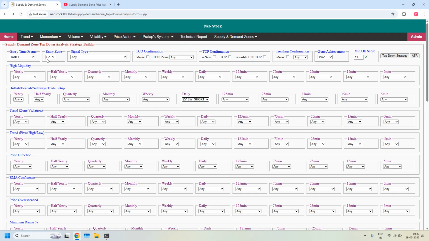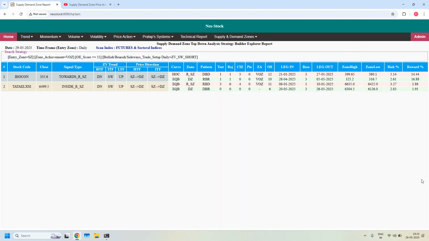Whichever you select here, on those parameters, these filters will be applied. Okay, now let's filter. We got two stocks supporting sideways short trade setup. So Biocon is already tested once. Even Tata LXC is also tested 3 times.